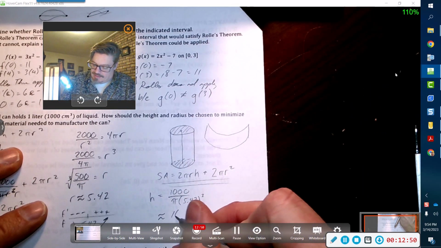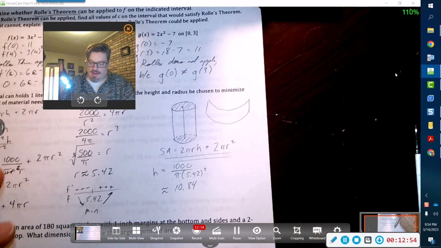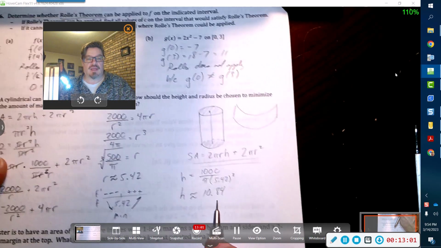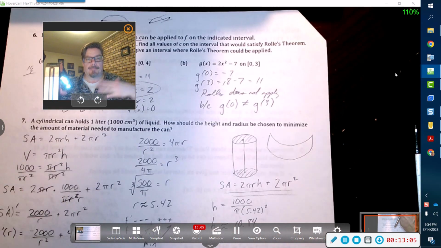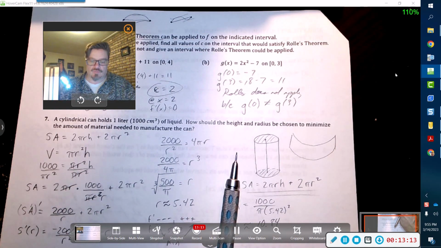So that means the height is around that. So the dimensions of this guy have to be, the height has to be this, and the radius has to be that. Perfect. It minimizes the surface area, and it keeps the volume at 1,000. Beautiful. All right, we'll stop there, and we'll do the last one in another video.